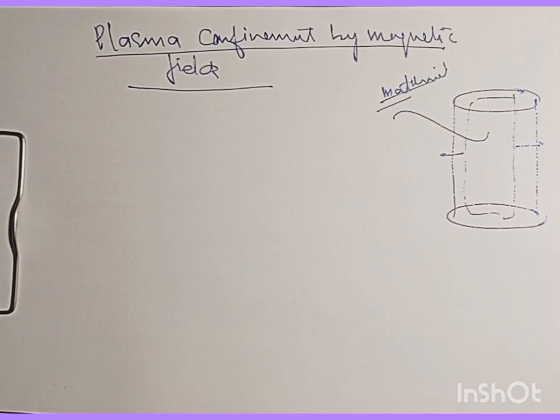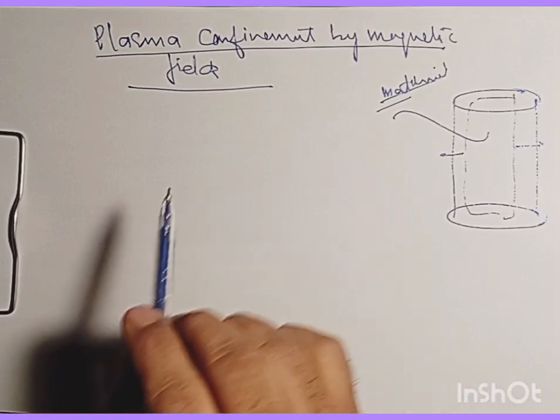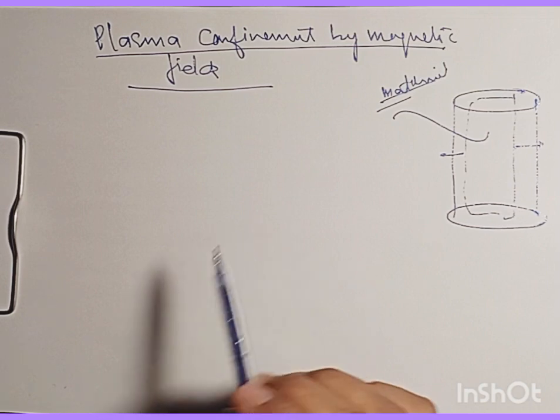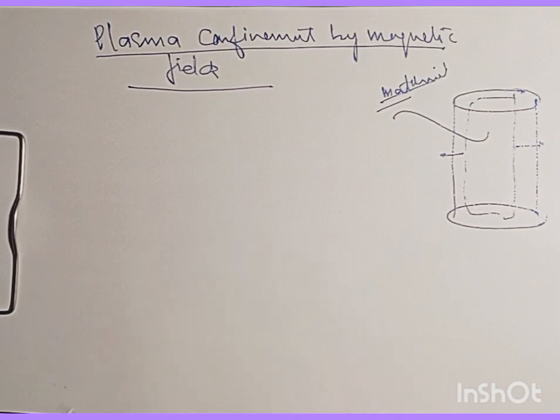At the same time, if we have charged particles in a magnetic field, we have Larmor precession, and certainly we can influence the motions of these charged particles using magnetic field.